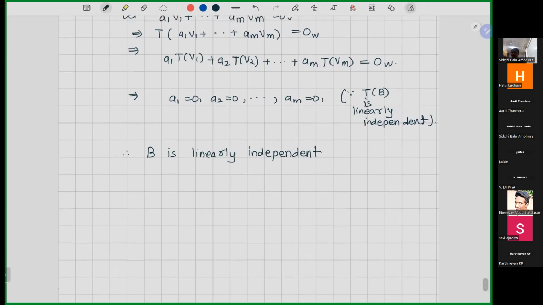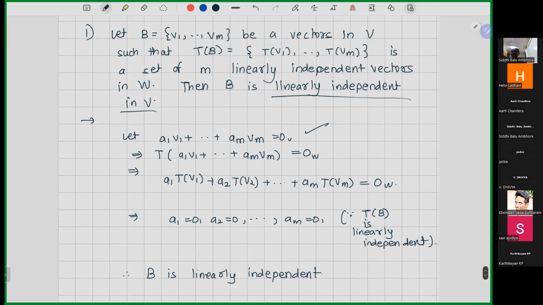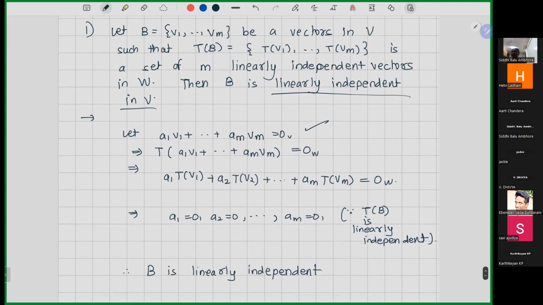So is it clear now that we had this set B, but its image is linearly independent, so the set from which we started, B, has become a linearly independent set? Any doubts here? If there are doubts, please write.